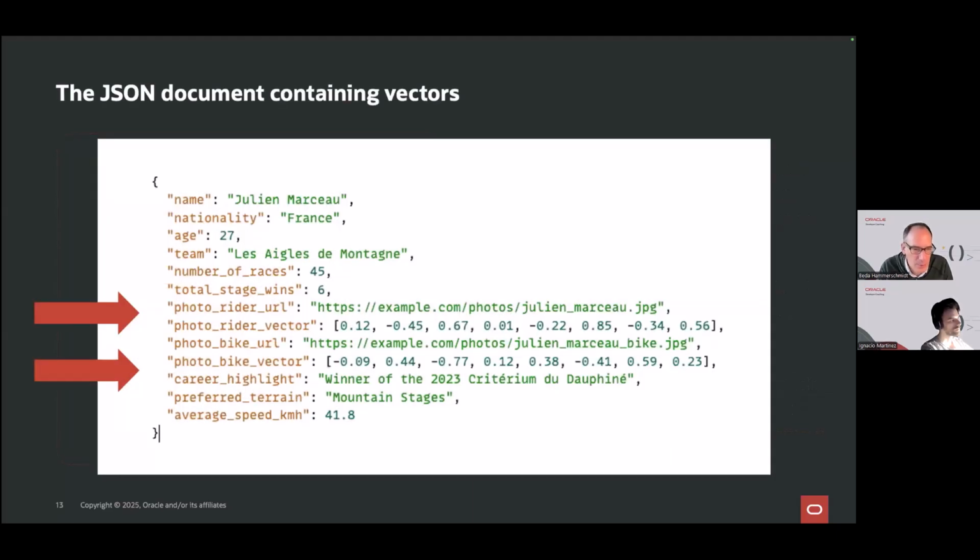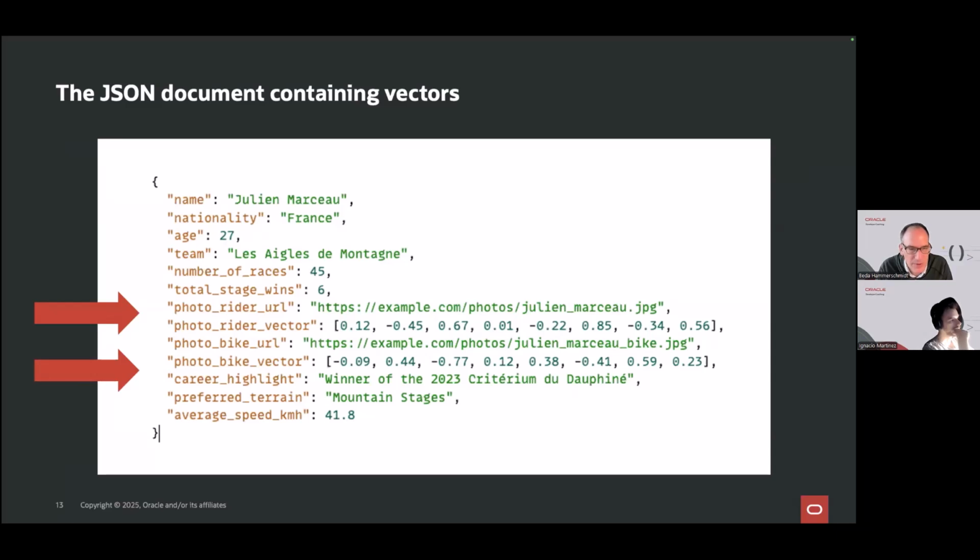I came up with a little example here. Let's say we had a JSON document, and this document has some data inside. One of the fields points to images, actually two images: an image of the rider and an image of the bike, as URLs rather than embedded images. You could say, I want a vector that describes this image. That's the other field you see with underscore vector.